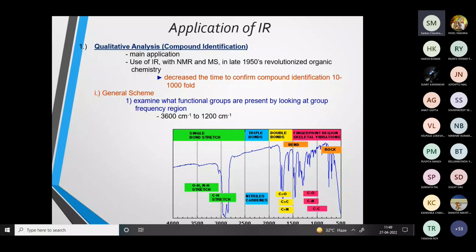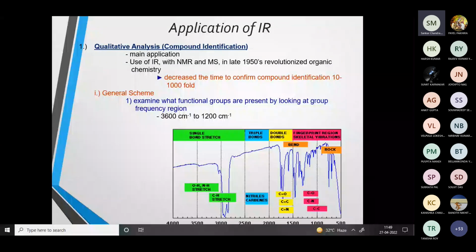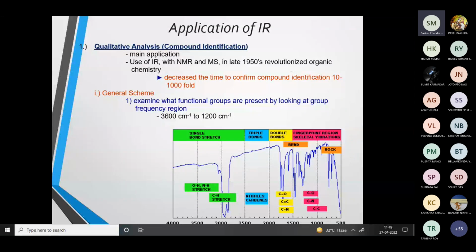Whether a reaction proceeds or not, if you mix compounds and check after a certain interval whether they are changing, you can judge it by means of infrared spectroscopy, because the spectra will change from reactants to products.